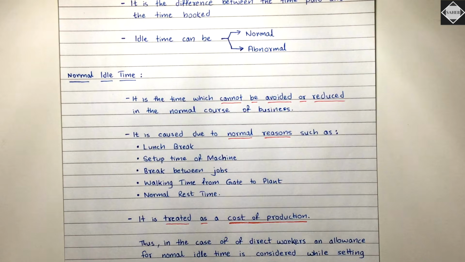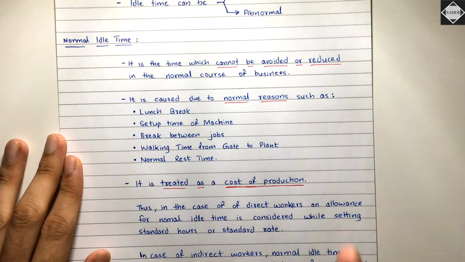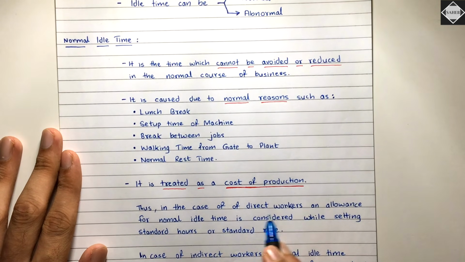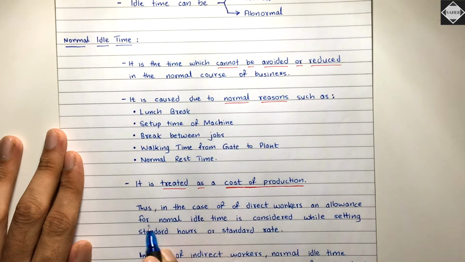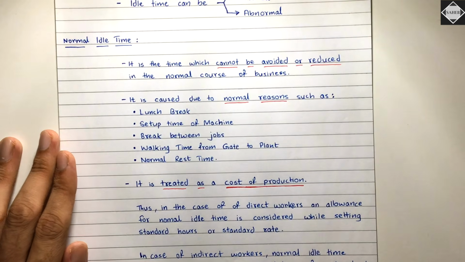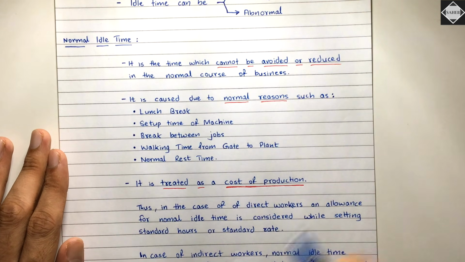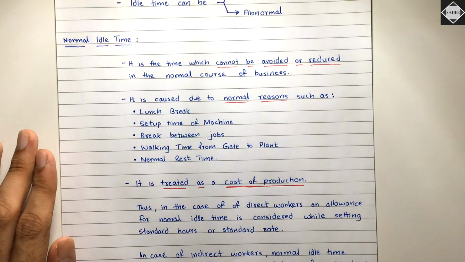There is a concept of effective rate per hour that we use for this. So we'll see. Now just read this once. This we will see practically, don't worry. Thus, in the case of direct workers, an allowance for normal idle time is considered while setting standard hours or standard rate. So when we set the labor rate, we consider that there will be normal idle time, and we have to set the rate like that, a little bit higher.